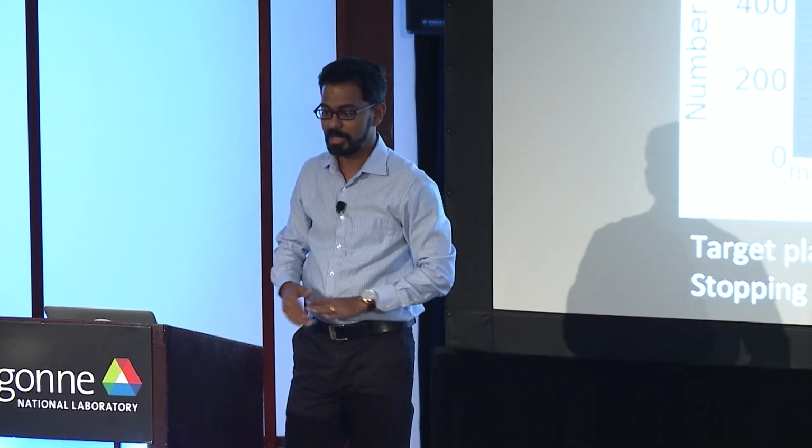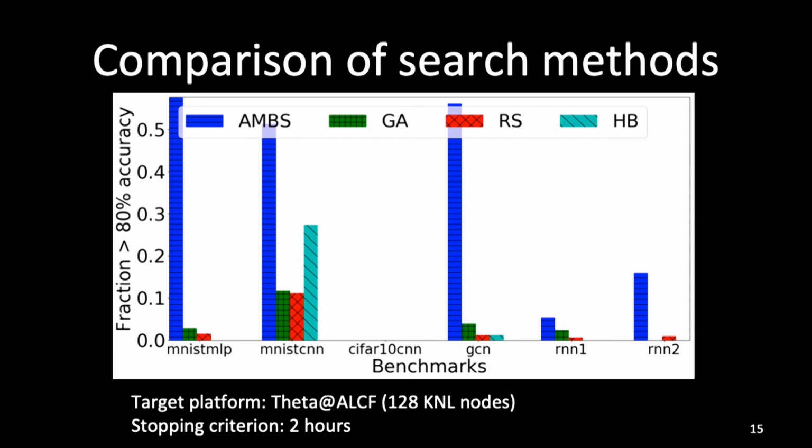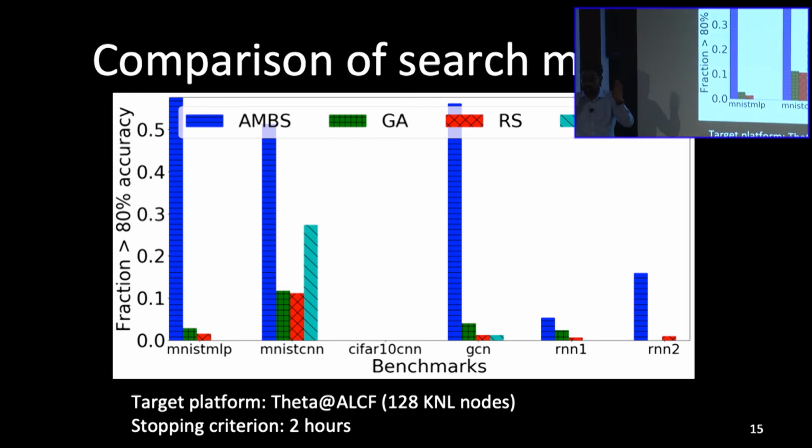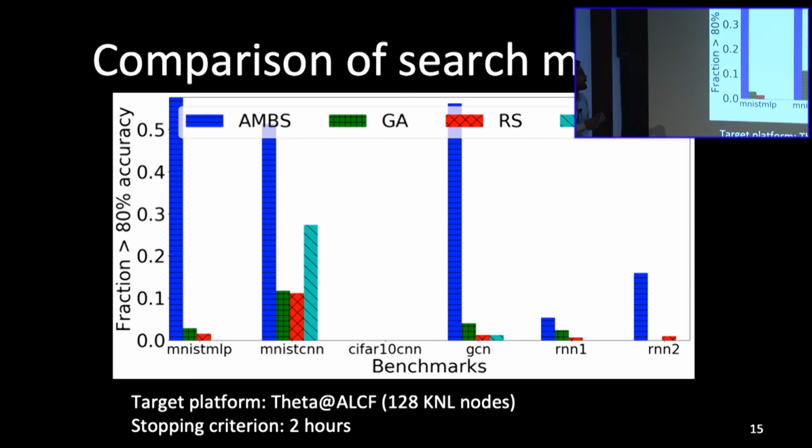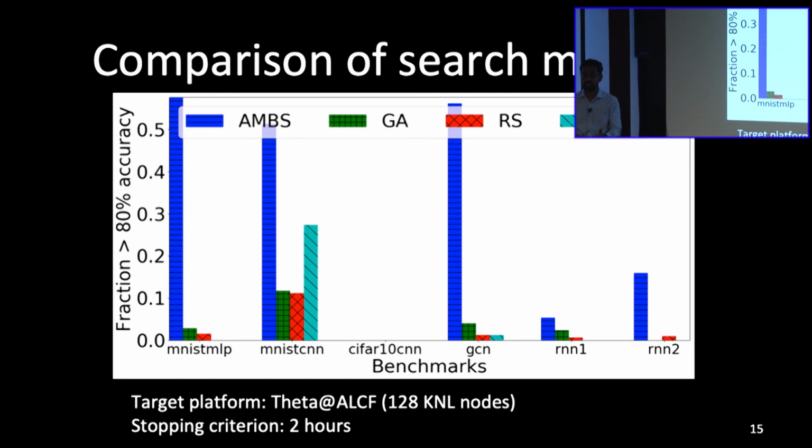And hyperband is another method, again a batch synchronous method, it falls short. How this corresponds to accuracy is what's shown here. Because we can perform that many evaluations, AMBS can find a lot more configurations with high accuracy. What you see on the y-axis is, out of the total configurations it evaluated, how many of them achieved more than 80% accuracy.